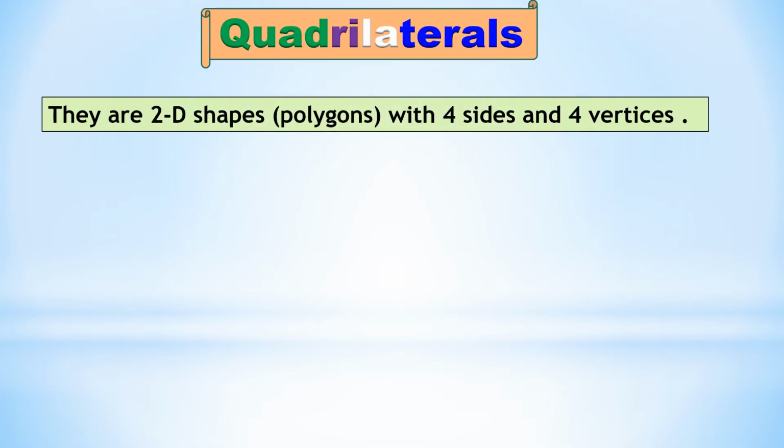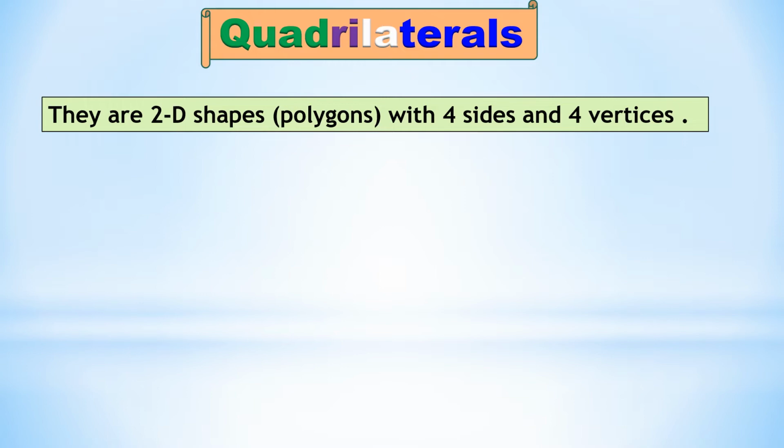Let's revise also quadrilaterals. It's a long word, so we split it into syllables. Quadrilaterals, quadrilaterals. What are quadrilaterals? They are 2D shapes or polygons.